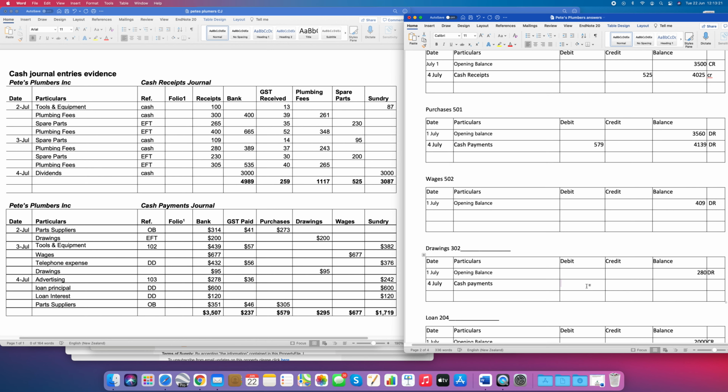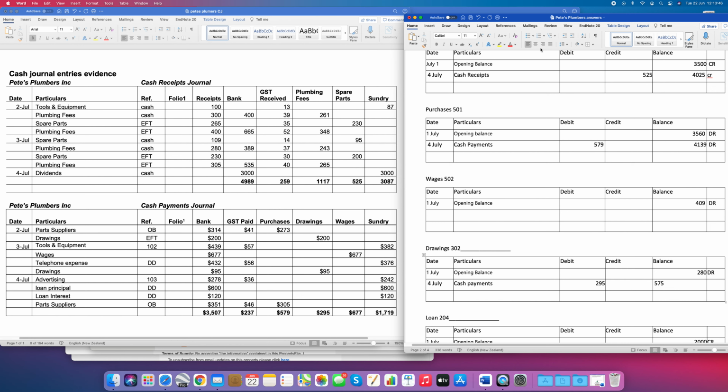So we've got drawings, $295. We'll align that. And then we've got a debit and a debit, so we will be adding those up. So 280 plus 295 gives us $575.